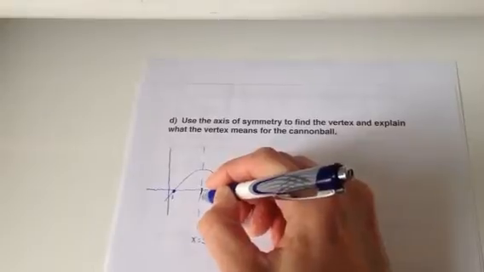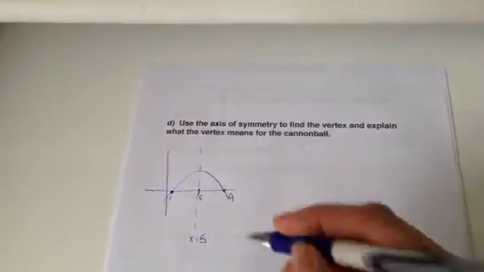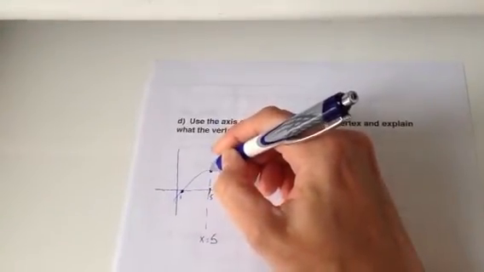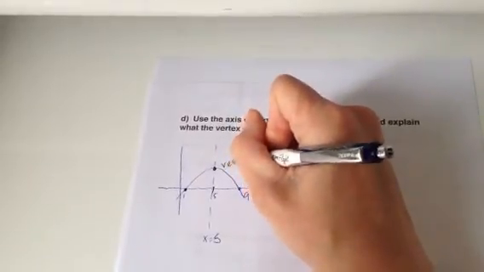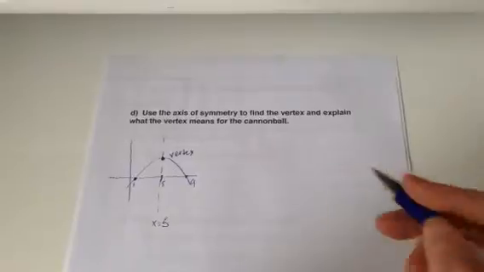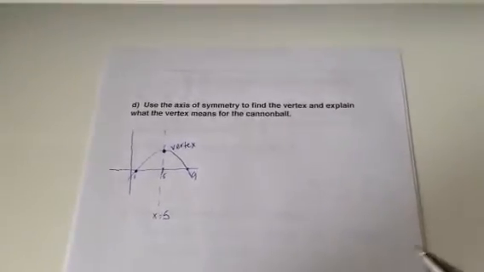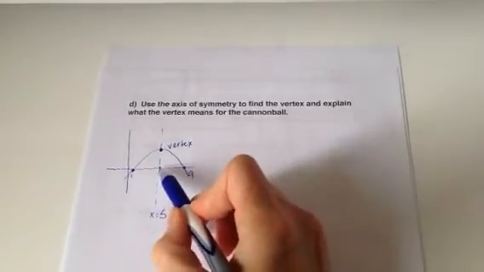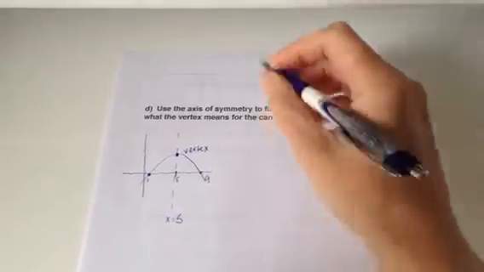So that's 5 right there. We want to find the vertex. What is the vertex? So the vertex, of course, has an x and a y value. We know the x value of our vertex is 5.